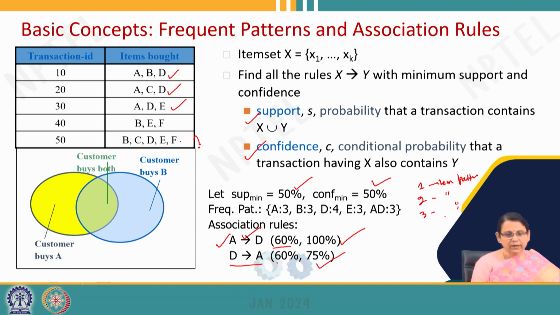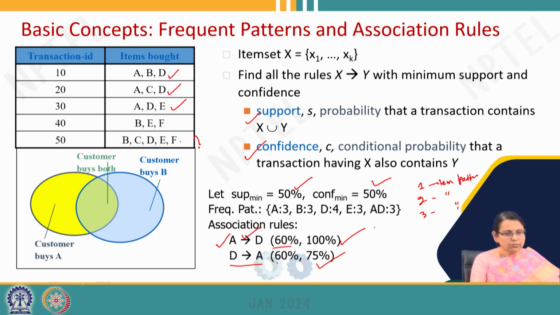Coming to 1 item patterns, there are total 5 unique items. A occurs in 50% of the transactions, B also occurs in 50% of the transactions, D, E. What about C? C is occurring here and here. So, out of 5 transactions, only in 2 it is occurring. So, it is not a frequent pattern. D and E also turn out to be frequent patterns.